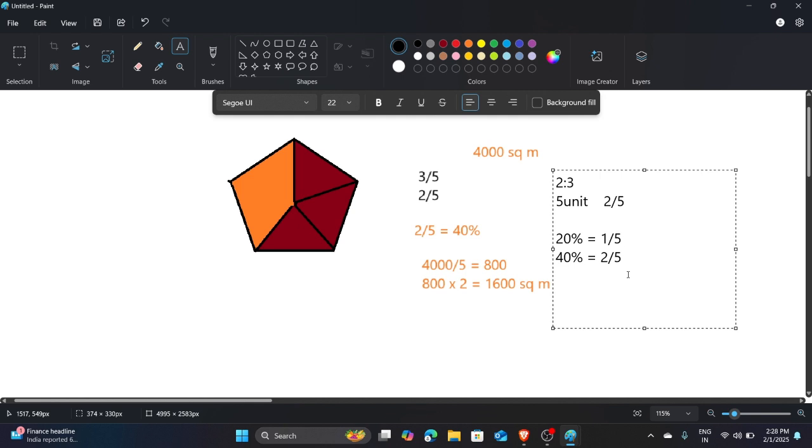And if you don't remember it, then how do you get 2 by 5? You have to first make the output like this. So if this is 2 by 5, for converting it to percentage you have to multiply it by 100. 2 is how much percent of 5?